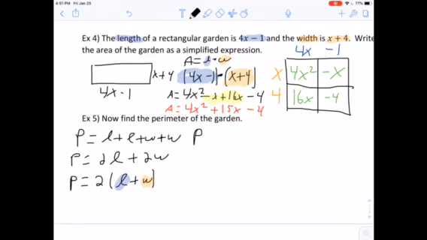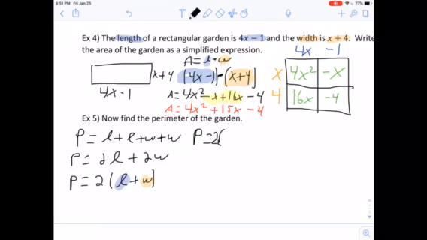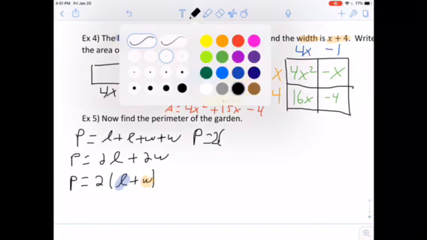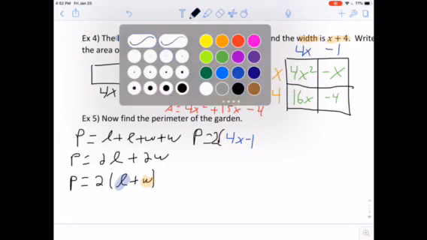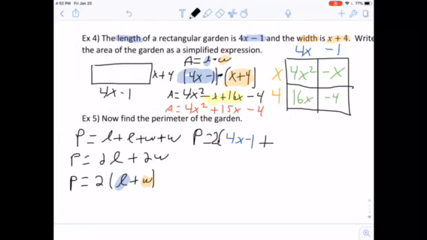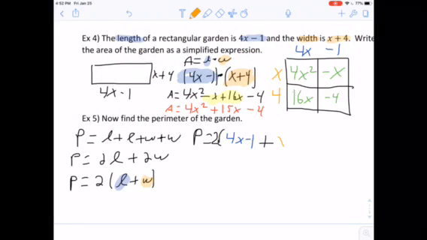So my perimeter is 2, and now it's going to be my length, which is 4x minus 1, plus my width, that is x plus 4.